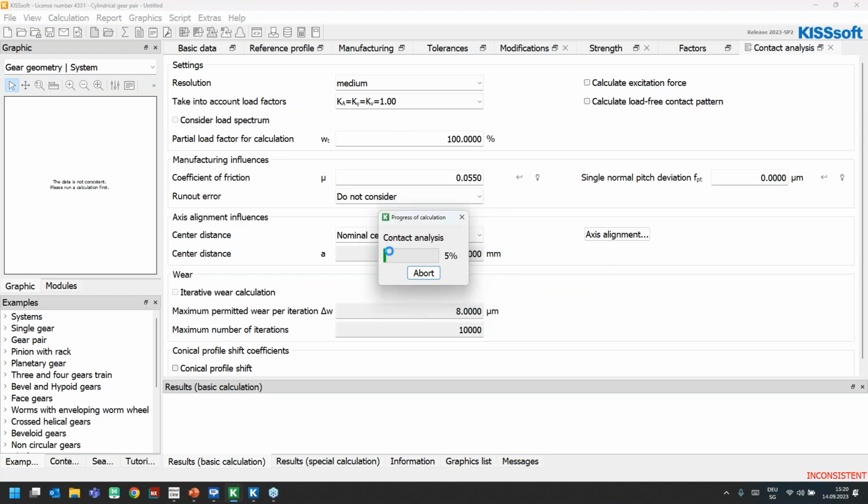So now the contact analysis is running, and let us hope that we are going to find some results. In terms of the sizing of modifications in KISSsoft, you can either size them manually by looking at the graphics and applying step by step some modification values, or you can use the automatic sizing functions, which we will see in a moment.